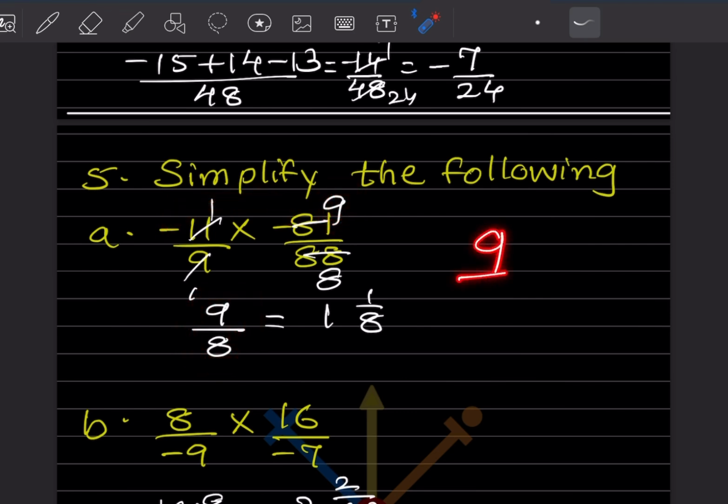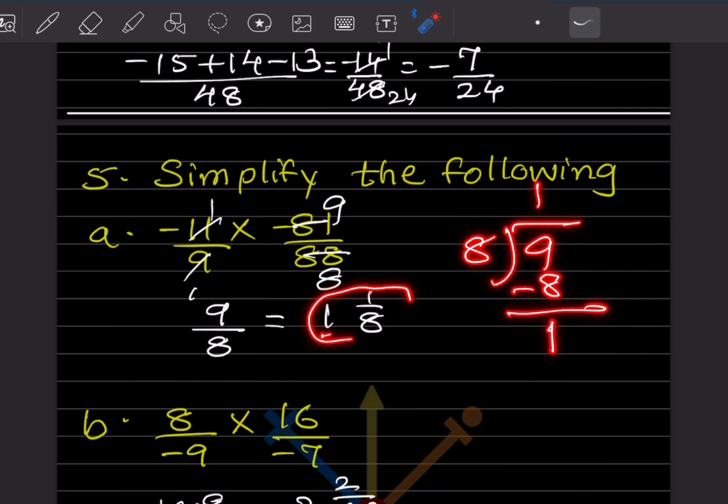Because whenever the numerator is bigger than the denominator, we call it an improper fraction. So we have to make it a mixed fraction. So 9 divided by 8. 8 ones are 8, so this will be 1. The remainder will be 1. So you have to go this way, clockwise. So that is going to be 1 integer 1 by 8.